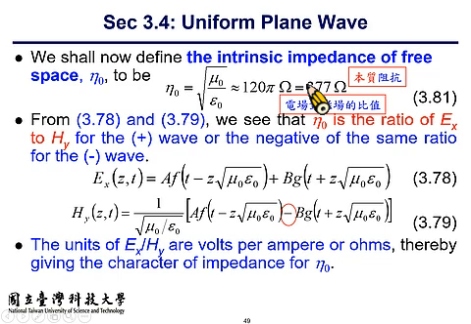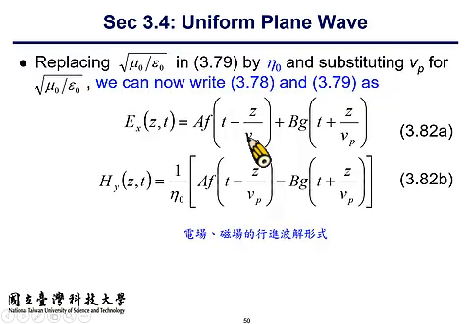So be very careful about this physical interpretation, all right? And here we have the general formulation for electric and magnetic field intensity, the general solution type. As you can see, the electrical field is in the form of AF plus BG, while the magnetic field is in the form of 1 over eta, 1 over intrinsic impedance, times AF minus BG.